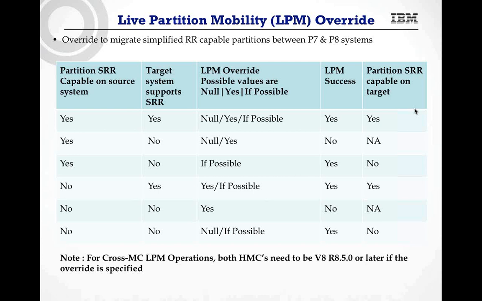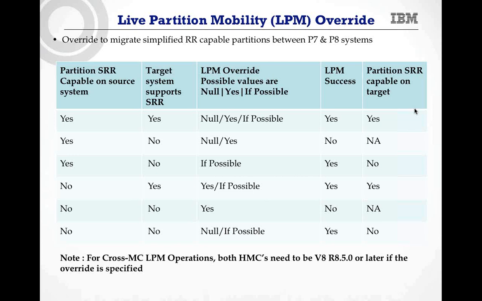But that last column asks, can I actually do SRR? Well, you can't do SRR because the second column says you're moving to a non-SRR capable system. So setting this override allows you to still do an LPM. You can still do LPMs, both SRR and non-SRR, in this third row, but you can't do SRR because your target system is not SRR capable.